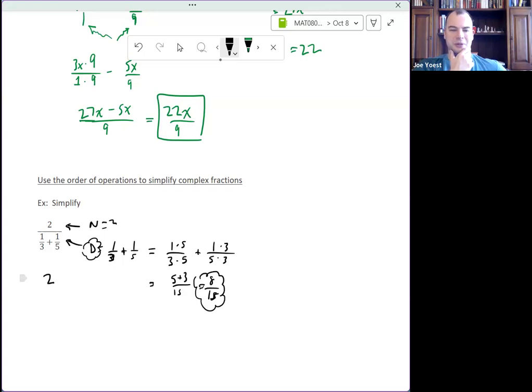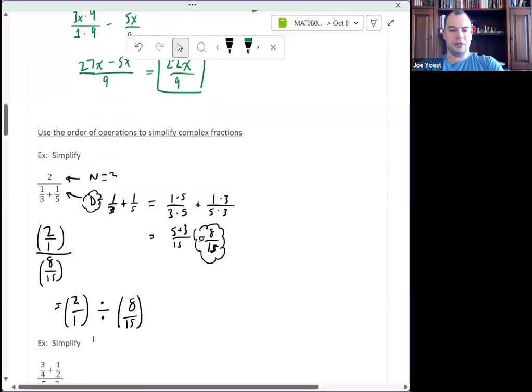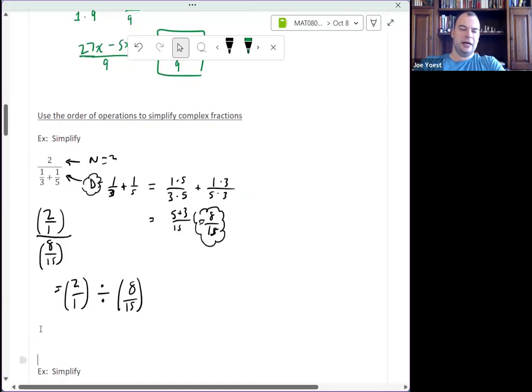My numerator is 2, but maybe I'll choose to write it as 2 over 1 divided by 8 over 15. And again, remember that the fraction line just means divided by. And so I have 2 over 1 divided by 8 over 15.